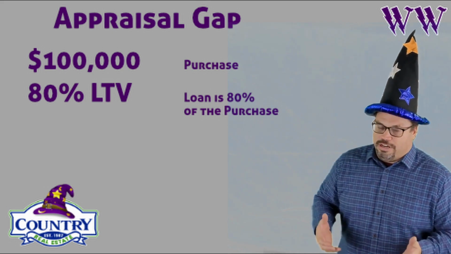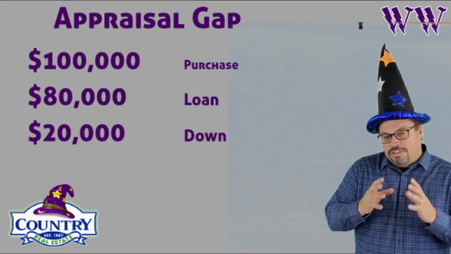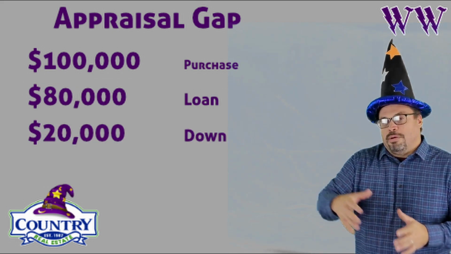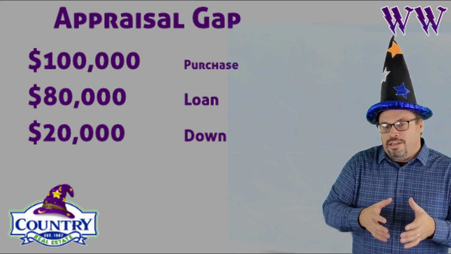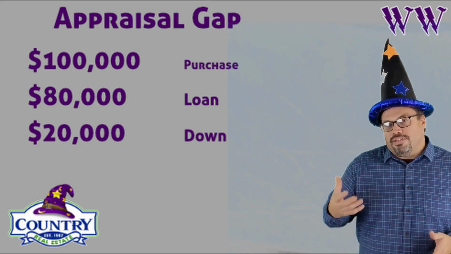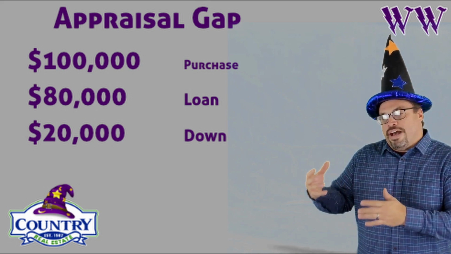This is pretty standard in a conventional loan. In that situation, the buyer would need to bring $20,000 down to buy a $100,000 house, and the bank would lend them the $80,000.